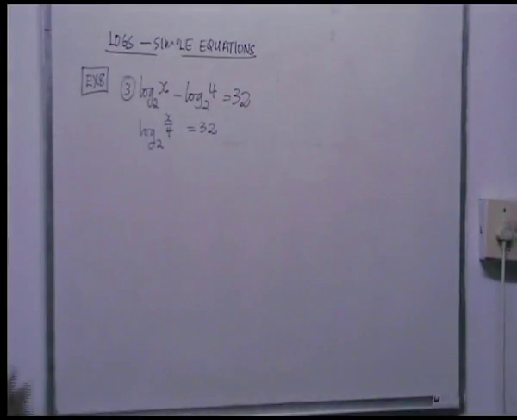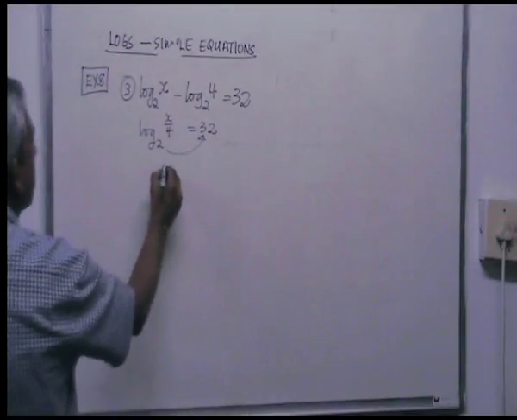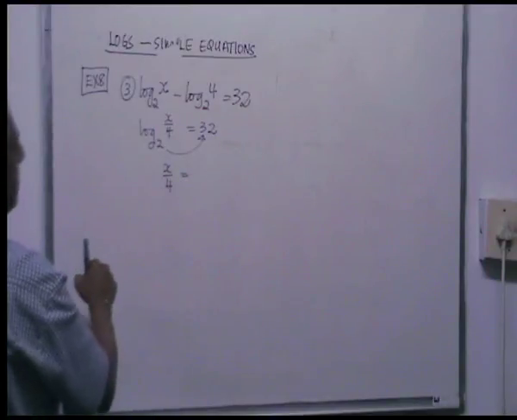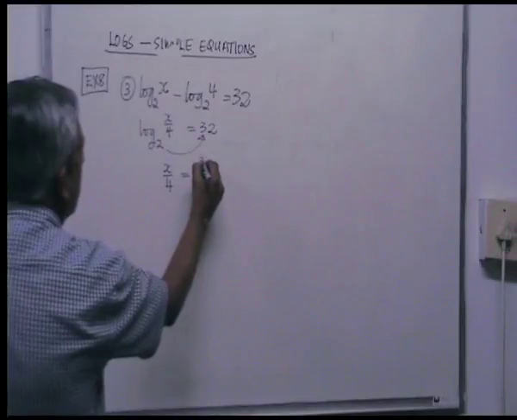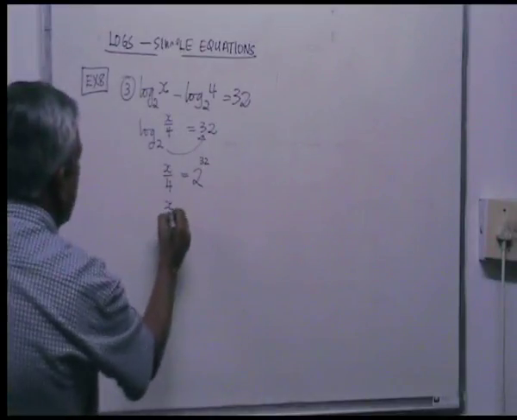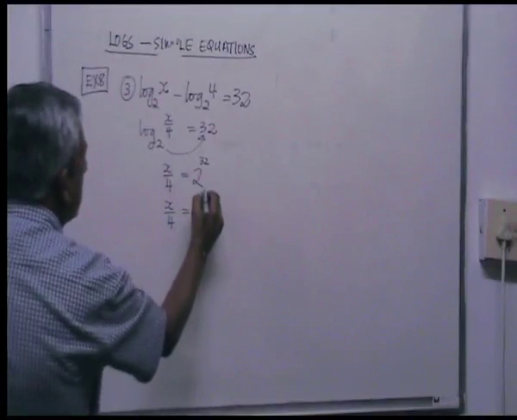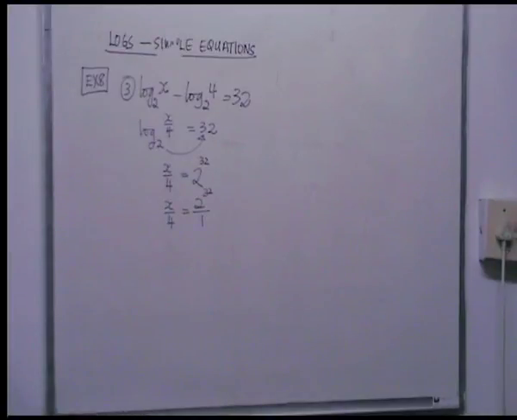Right. Now it's in log form, and you may decide to change it to index form. So you'll say, well, x over 4 is equal to 2 to the index 32, because I'm changing it. Now, when you look at this, that's x over 4 is equal to 2 to the 32 all over 1.